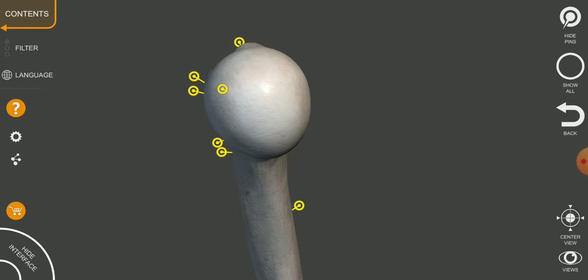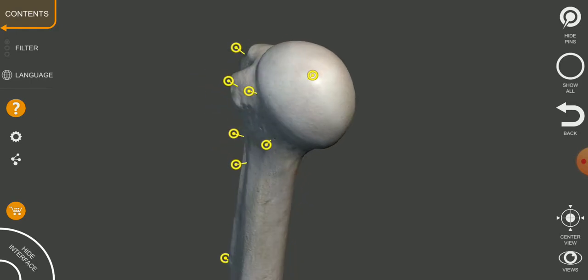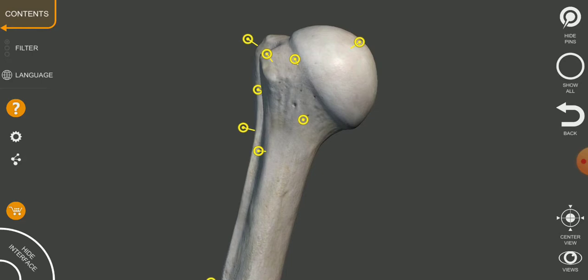In front of us, the whitish area is very smooth, covered by a cartilage surface, to form a joint with the glenoid cavity of the scapula. It forms the shoulder joint, which helps in movements like abduction, adduction, rotation, extension and flexion.